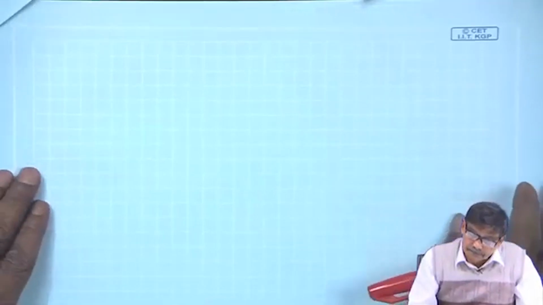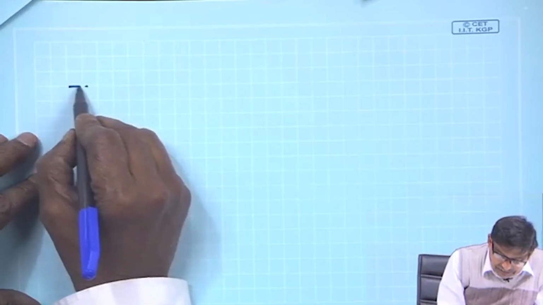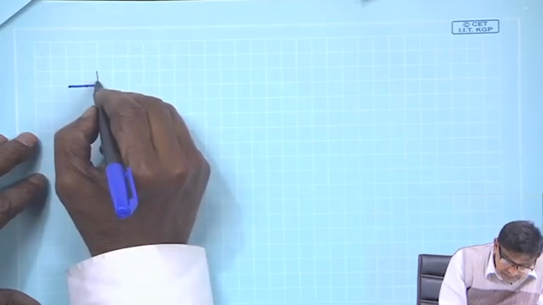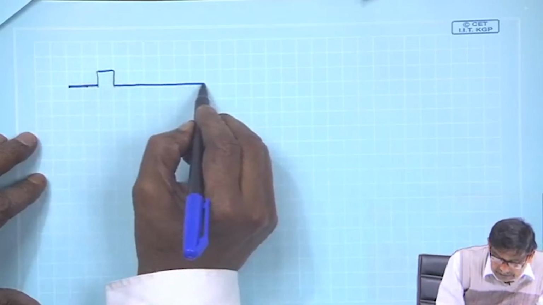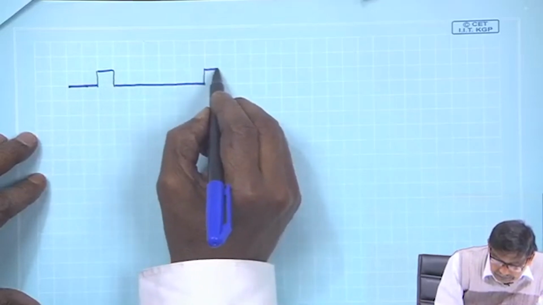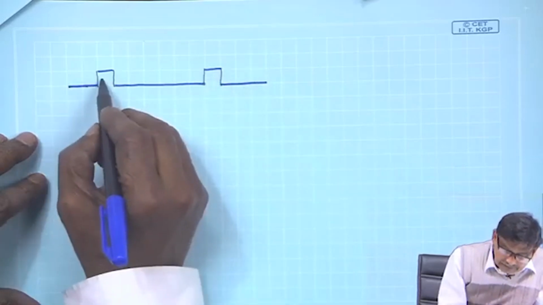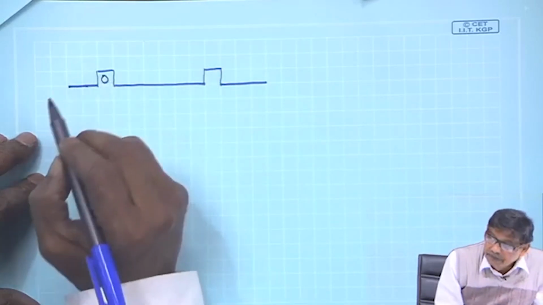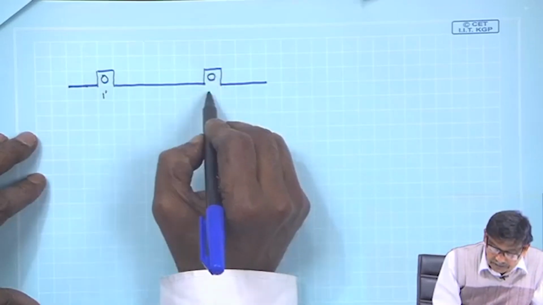Now, we will apply Ampere's circuital law here. Once again I draw slightly more neatly: this is one slot, this is another slot, this is 1 dashed and this is 1.